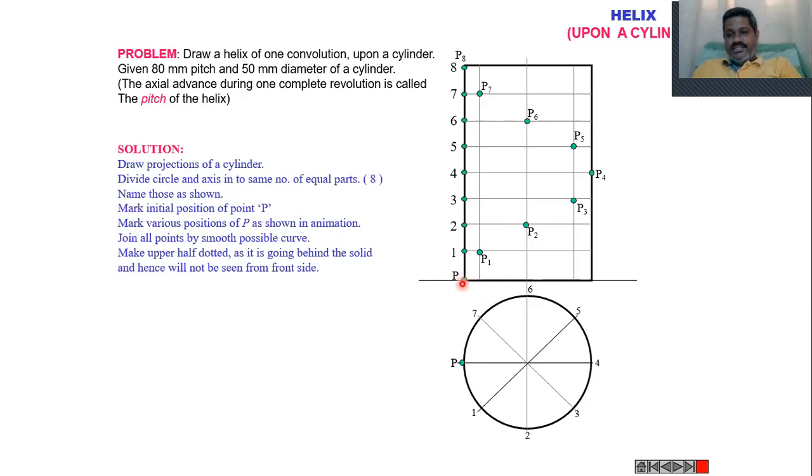So now this point is at this location. As you can observe in this figure, this point is rotating as well as moving along the axis of the cylinder. The path traced by the point when it is rotating as well as moving along the axis is called a helix. Now join all those points.